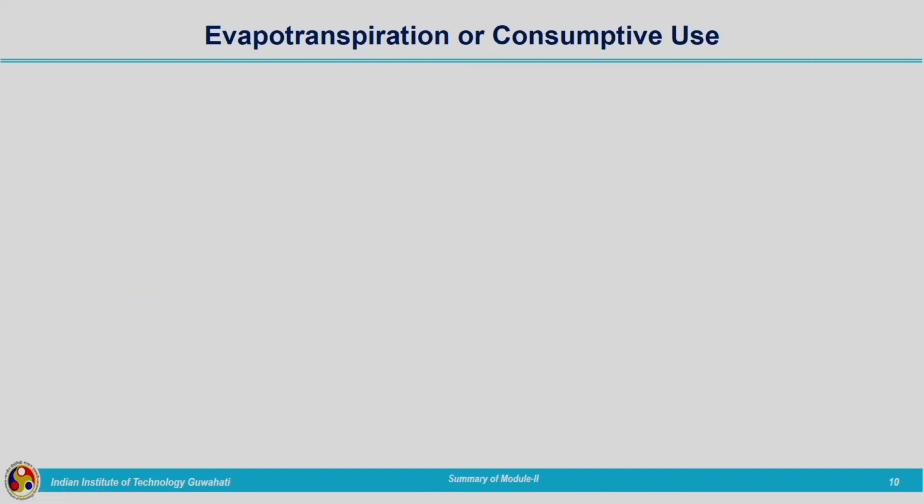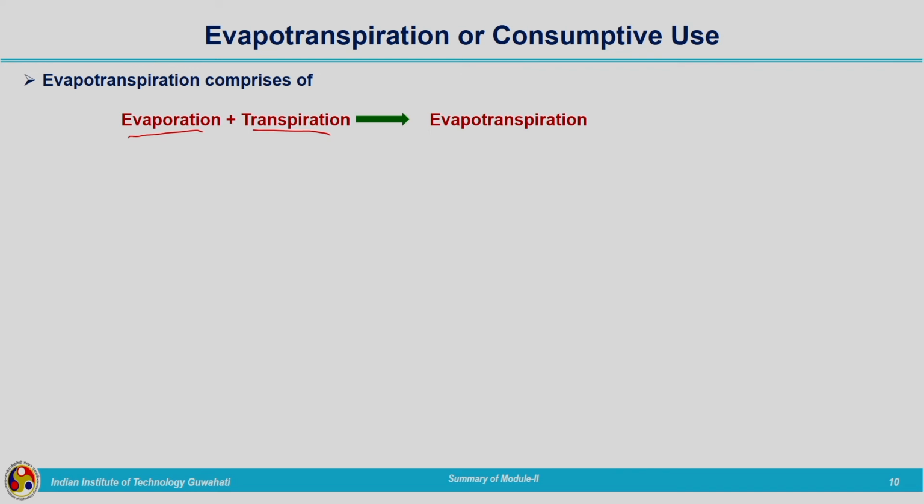Then we moved on to evapotranspiration, or consumptive use. It is the combination of evaporation and transpiration that is considered evapotranspiration. When discussing evapotranspiration, we saw two terms utilized: potential evapotranspiration and actual evapotranspiration. When sufficient water or soil moisture is available in the soil for the plants to extract, the evapotranspiration taking place is termed potential evapotranspiration.